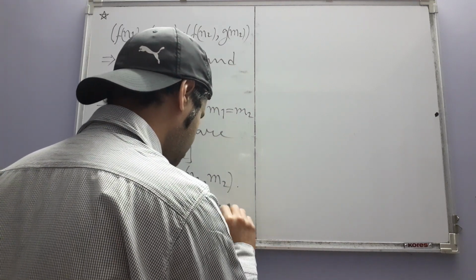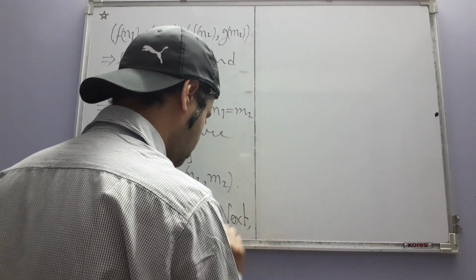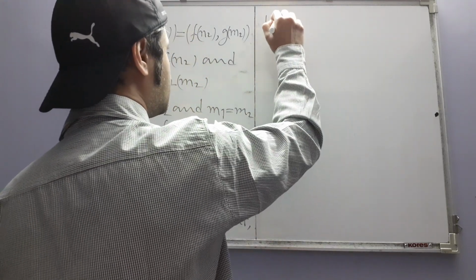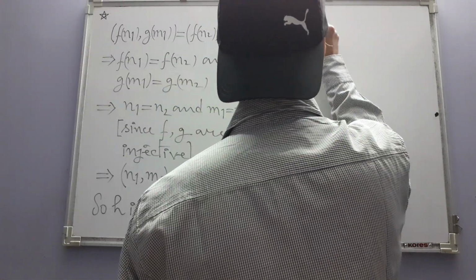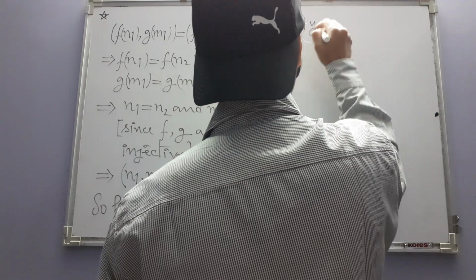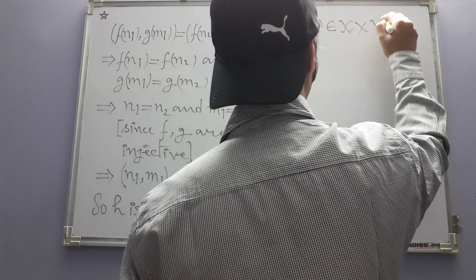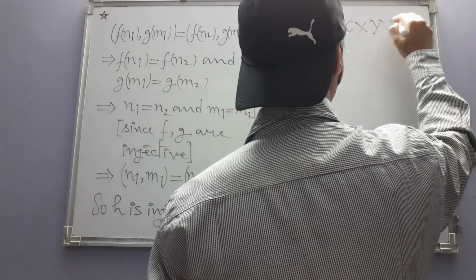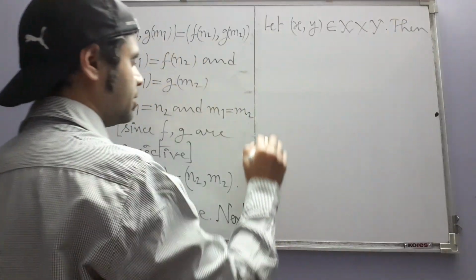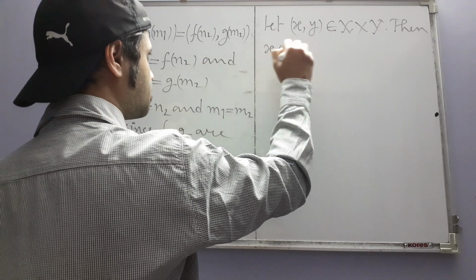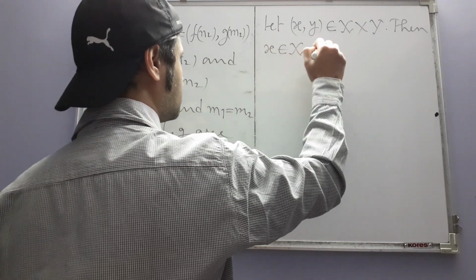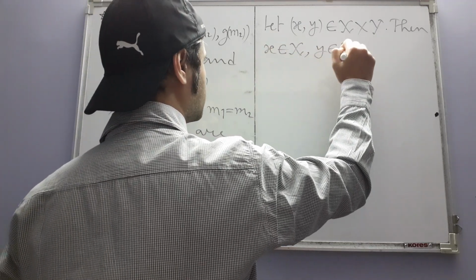Next, let this ordered pair be chosen from the Cartesian product. Then x belongs to X and y belongs to Y.